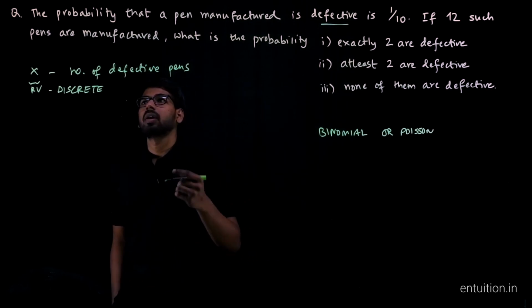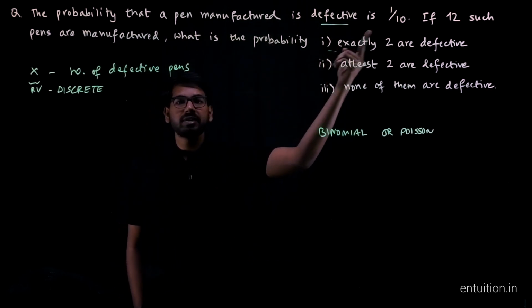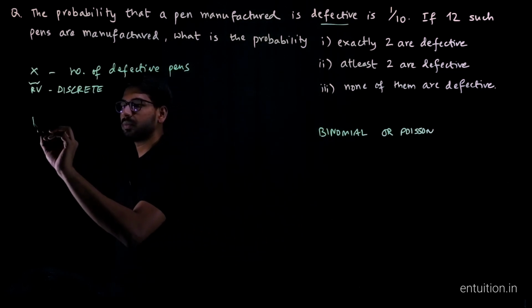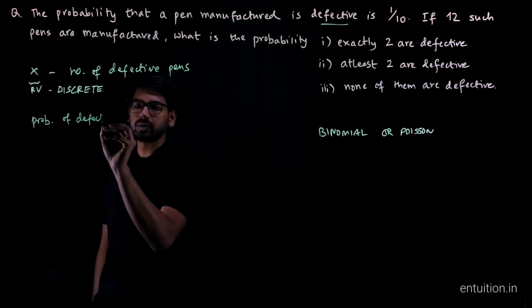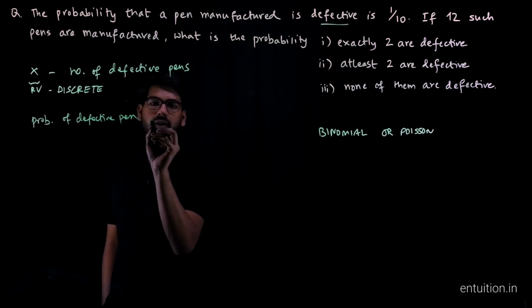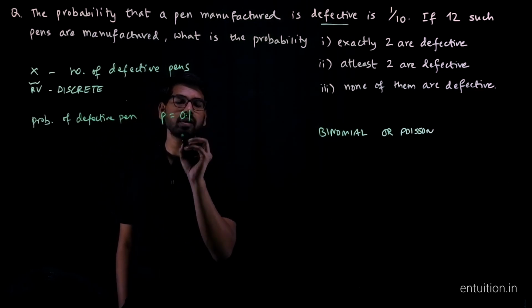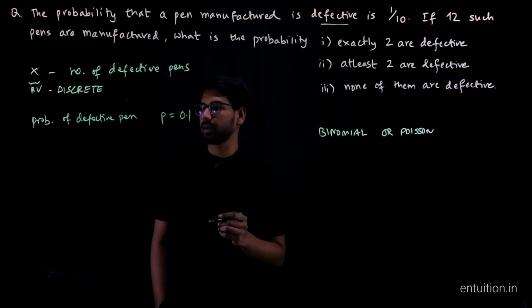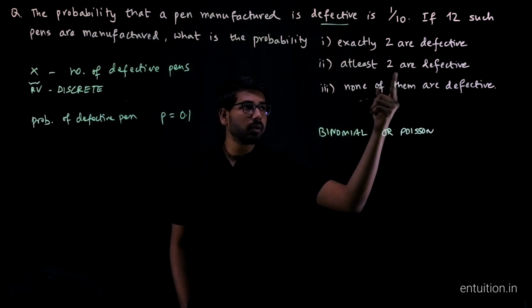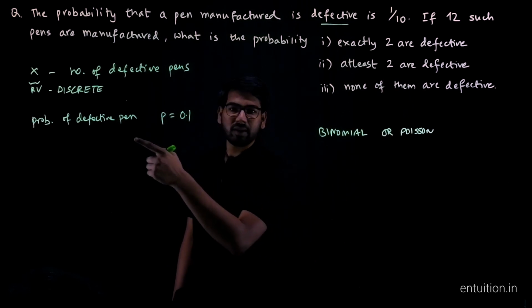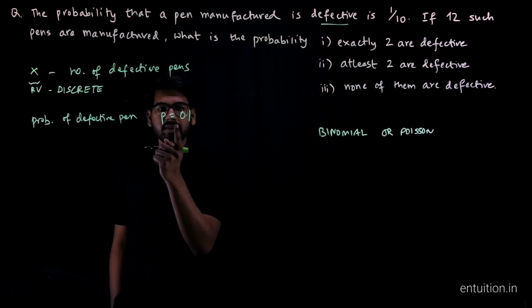We know the probability that a pen manufactured is defective is 1/10. So the probability of a defective pen is p equal to 0.1. 1 by 10 is 0.10. In the question, we need to find the probability of how many pens are defective, so I will take defective as success. The probability of success is 0.1.